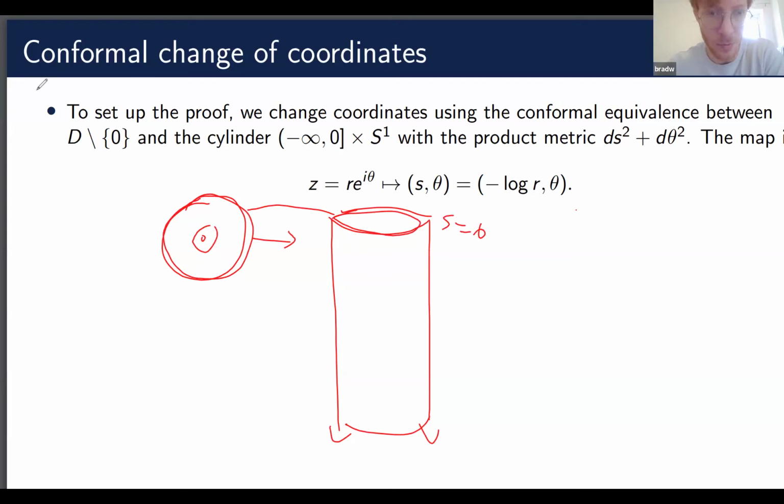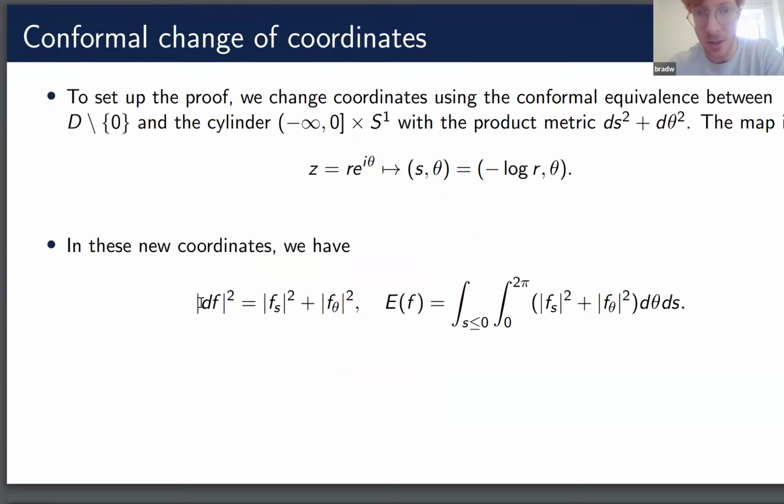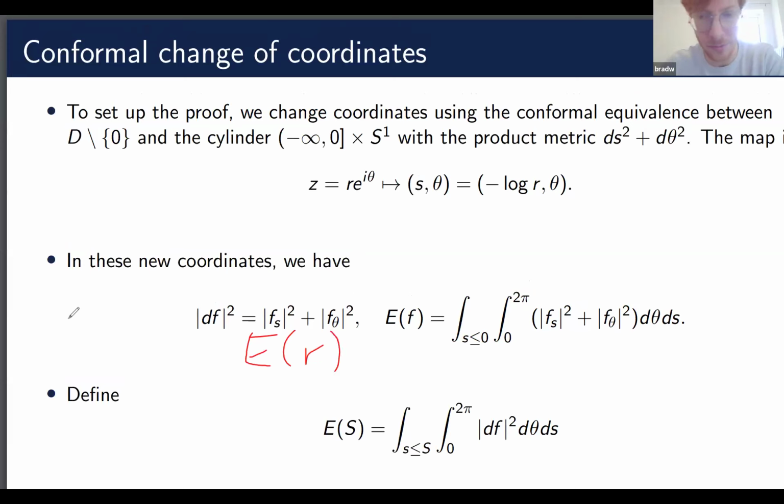Okay, so we'll use these coordinates from now on, and we can rewrite the energy. The metric is just the product metric, so the norm squared of the derivative here is just this. And we're integrating over s less than or equal to 0, and from theta equals 0 to 2 pi. And on the previous slide or two, we defined E of R, and this is what happens when you translate that into the s theta coordinates.